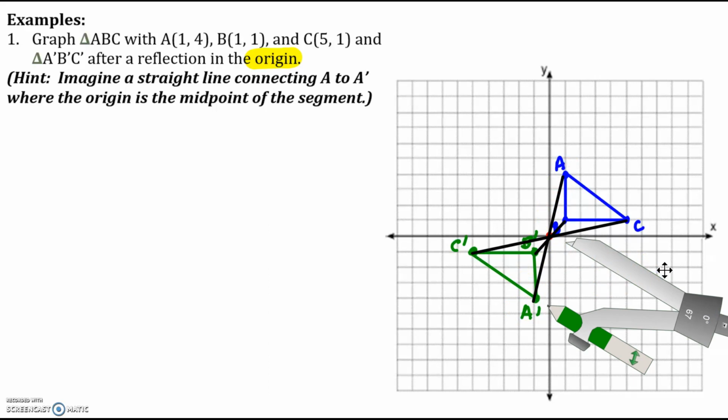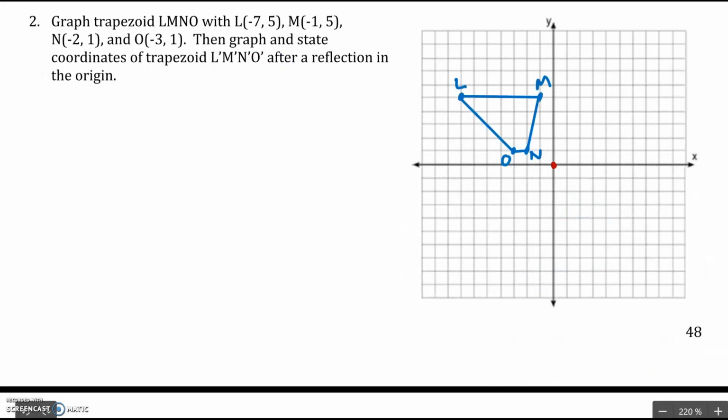All right, on to number 2. We have this quadrilateral graphed, and again we're reflecting through the origin, so we count from each of these points to the origin. To get from L to the origin, we go down 5 and right 7, and then you just repeat your count so that your center of reflection is your midpoint.